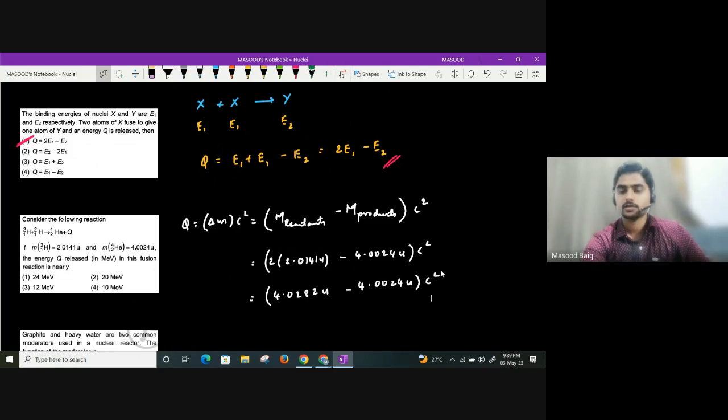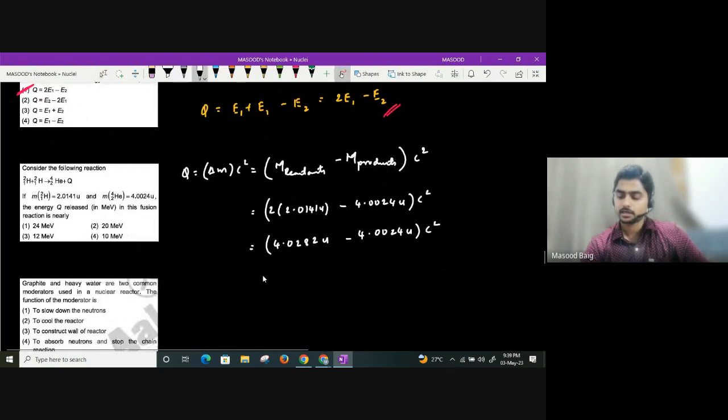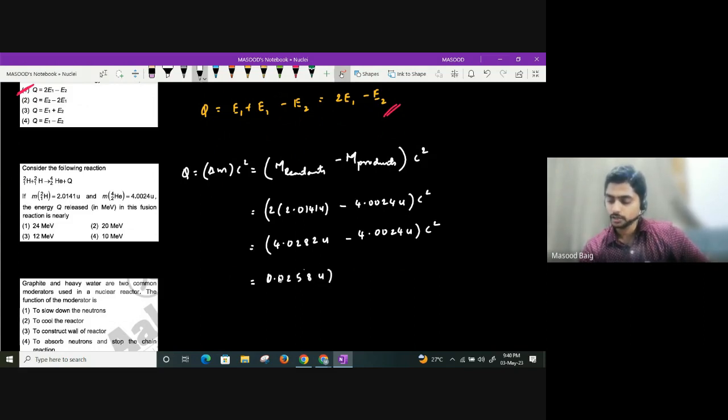Usually whenever mass defect is given in U, guys, I can write the U value. I'll tell you how much this will be. You will get 0.0258 U into C square.